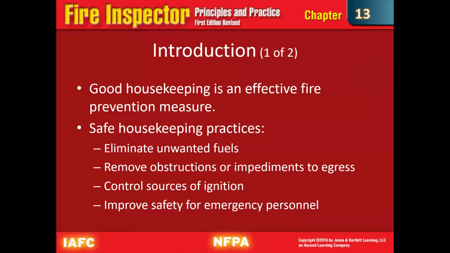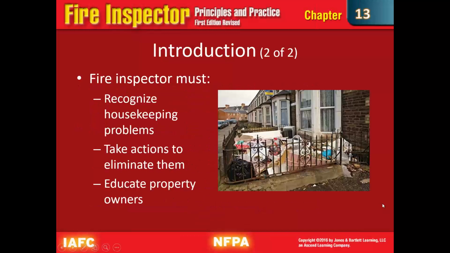We're also going to look for the safety of emergency personnel. We're going to keep our response in mind for that as well. We have to recognize these housekeeping problems and take action to eliminate them.